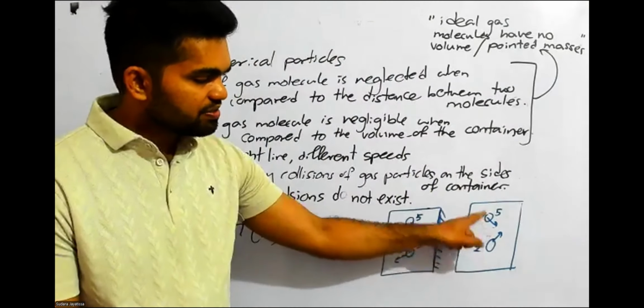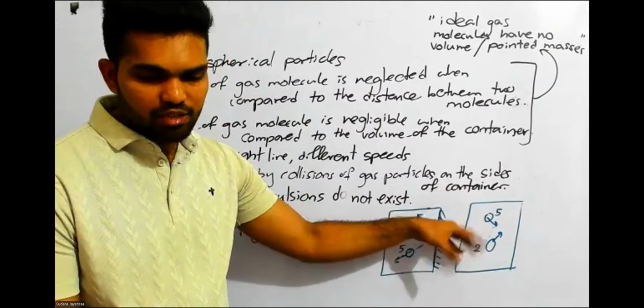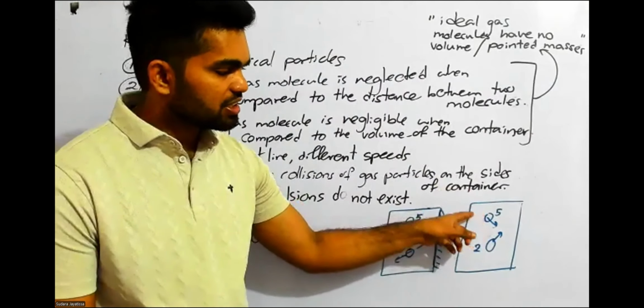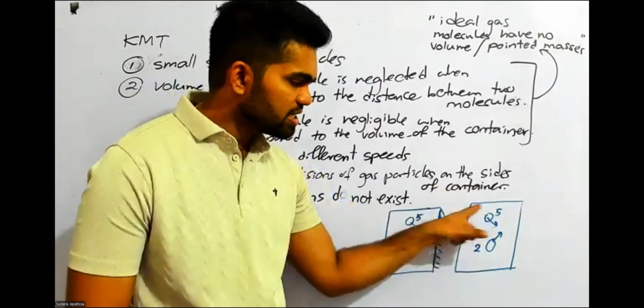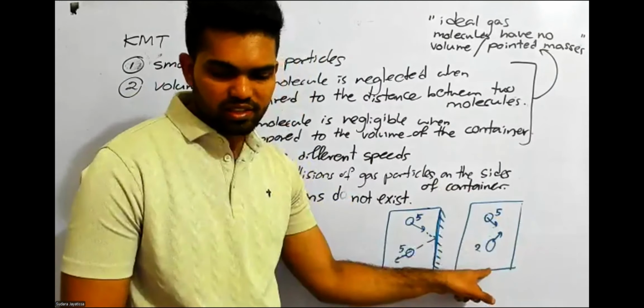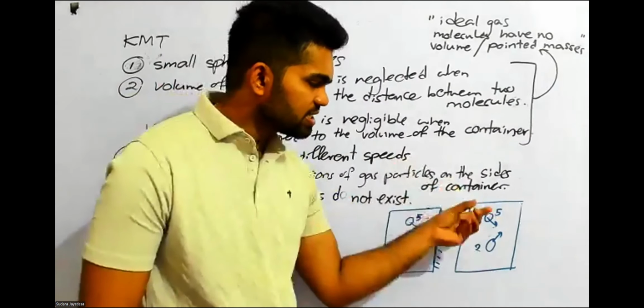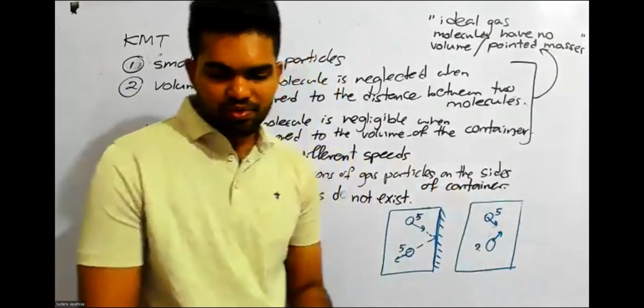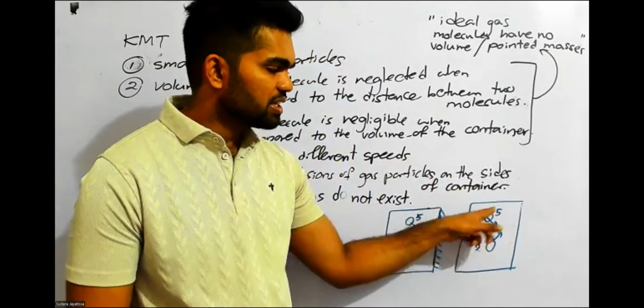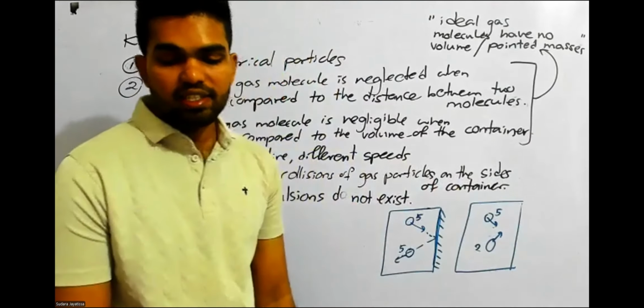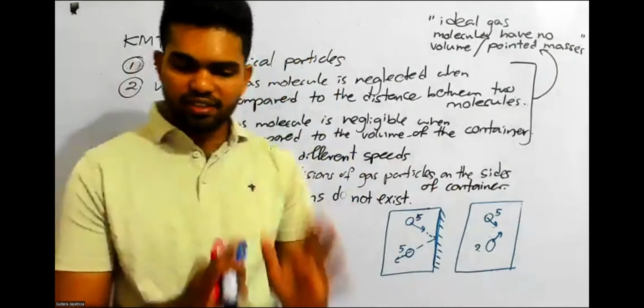And here, since they are colliding with another particle, their total kinetic energy remains constant. After the collision and before the collision, total kinetic energy is constant. But one particle's kinetic energy may get changed. Earlier it had a certain kinetic energy, but after the collision, that energy might get changed.